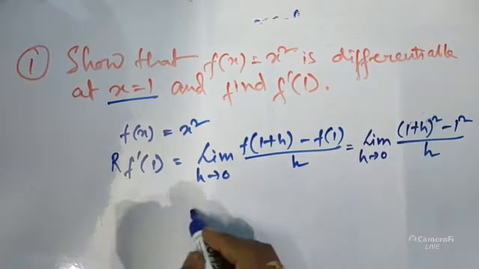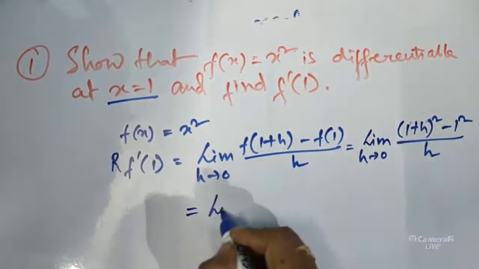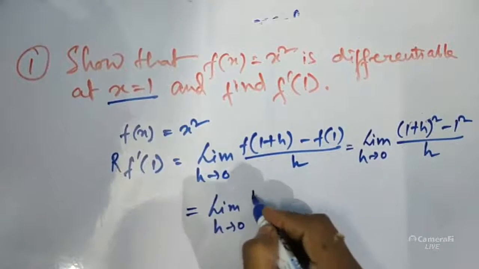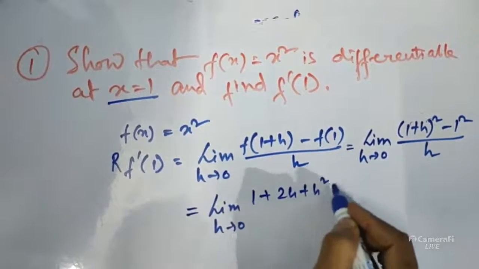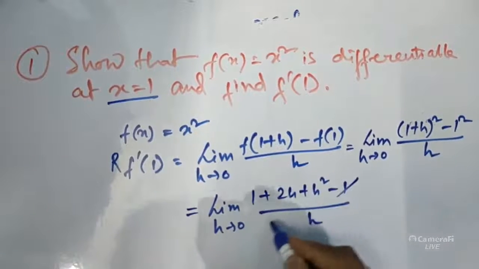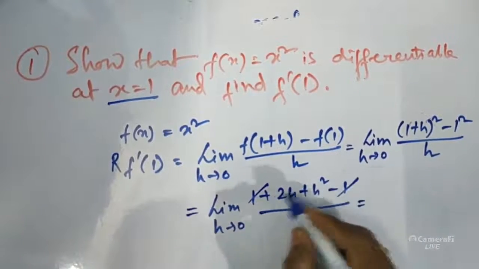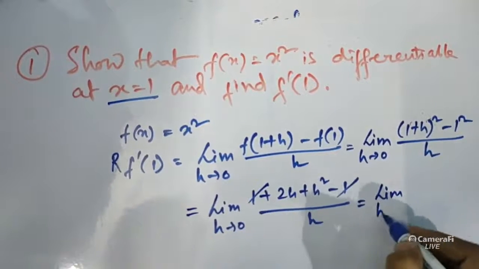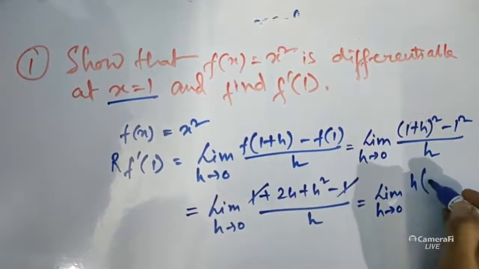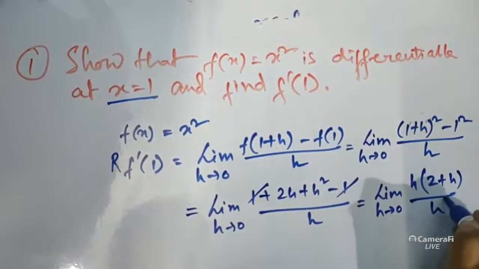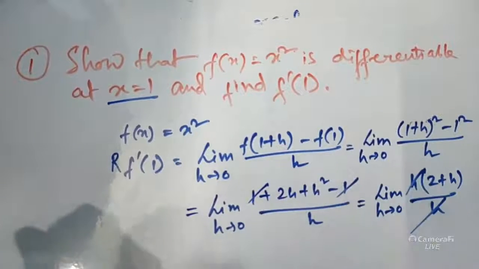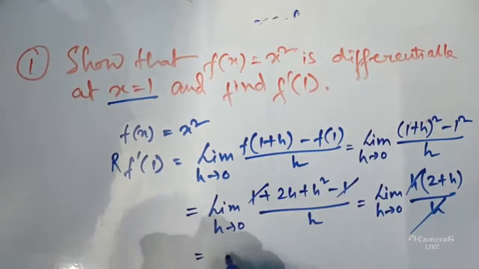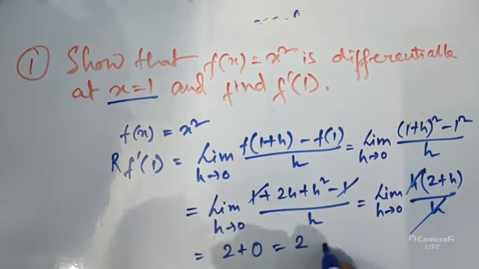Now we have to expand it: limit h tends to 0, 1 plus 2h plus h square minus 1 divided by h. 1 cancels. We can take h common: limit h tends to 0, h common, 2 plus h divided by h, cancel. Now easily we can put h equals 0. So 2 plus 0 equals 2, this is the value of the right hand derivative.